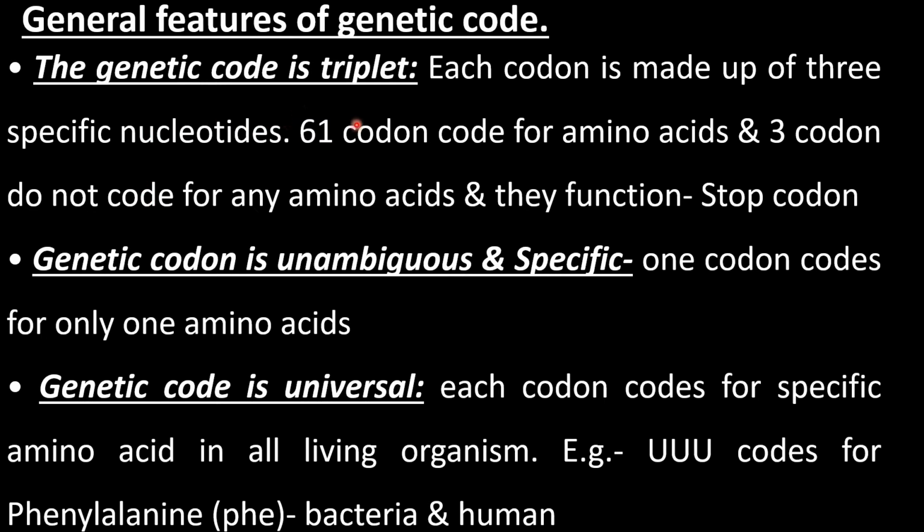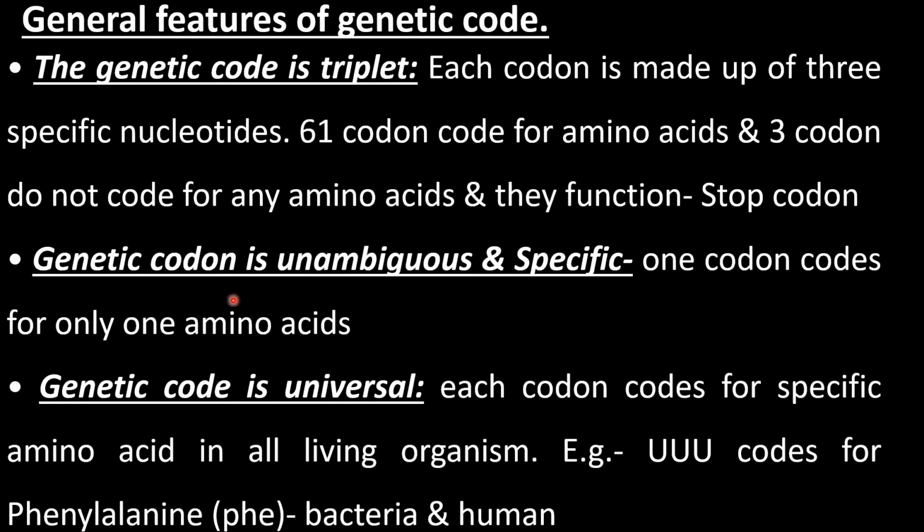General features of genetic code. The genetic code is triplet. That means each codon is made up of 3 specific nucleotides. 61 codons code for amino acids and 3 codons do not code for any amino acid. They function as stop codons.